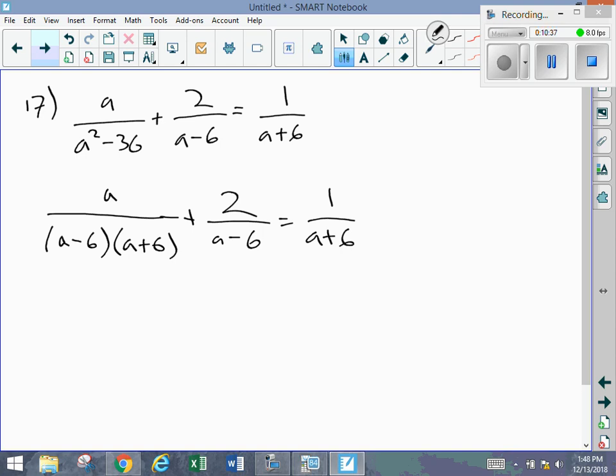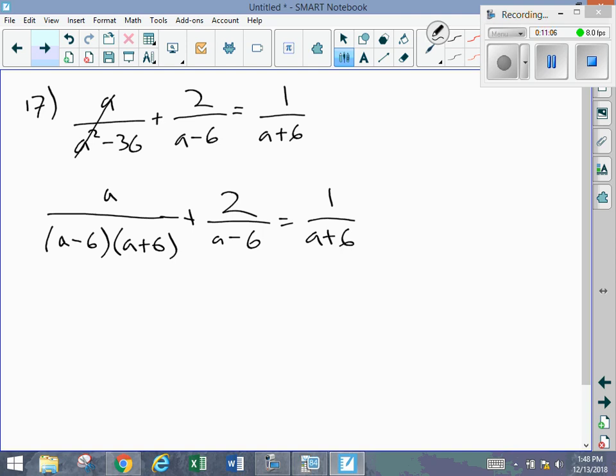I have a question. When you're given the equation, and there's two numbers on top and on the bottom that can cancel out, can you cancel it right away, or do you have to factor it first? Let's say instead of a there was a 2, and there's a 2 over 2 minus 6, could you just cancel out the 2's? You cannot cancel like that.